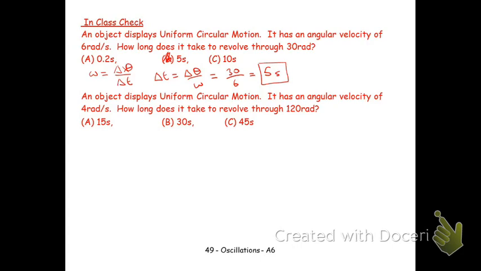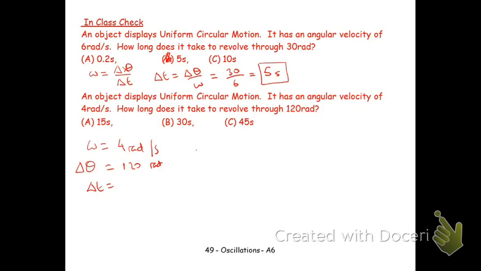An object displays uniform circular motion. It has an angular velocity, omega, equal to 4 radians per second. How long does it take to revolve through delta theta, 120 radians? Oh, how long, delta t?